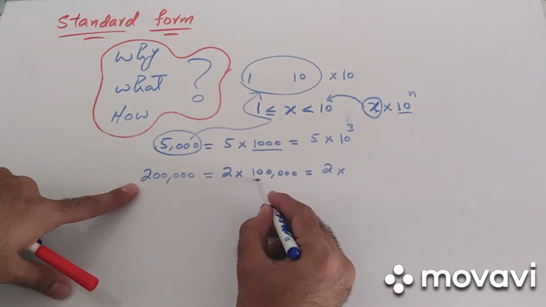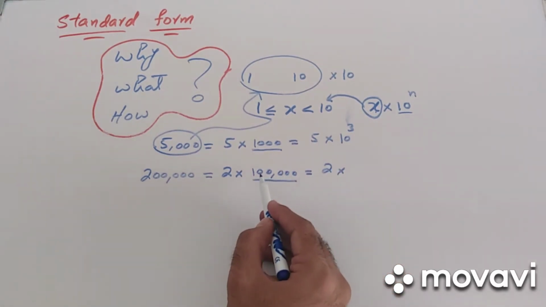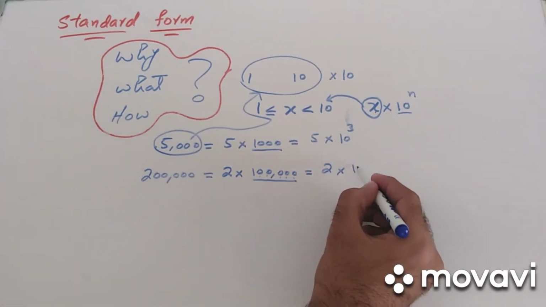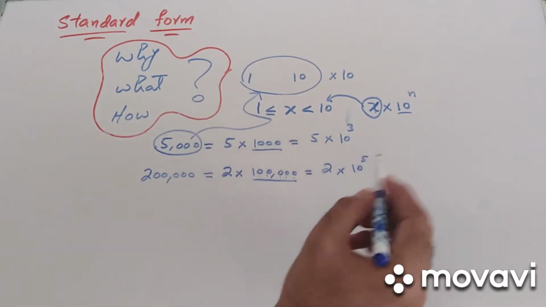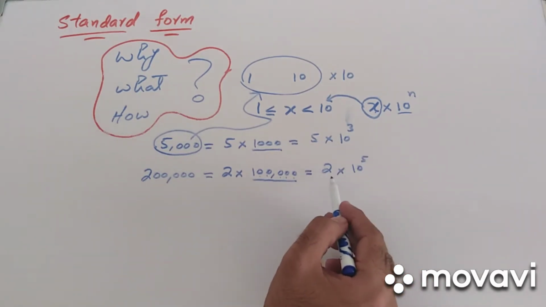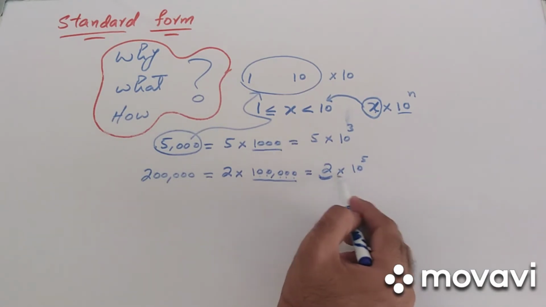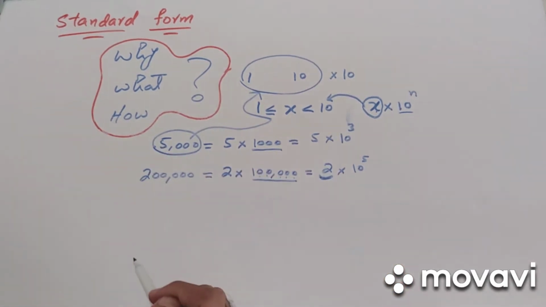What about this one? It has 1, 2, 3, 4, 5 zeros, so this is the fifth power of 10. Now if you compare again, this number is between 1 and 10 and there is a power of 10, so this is the standard form.